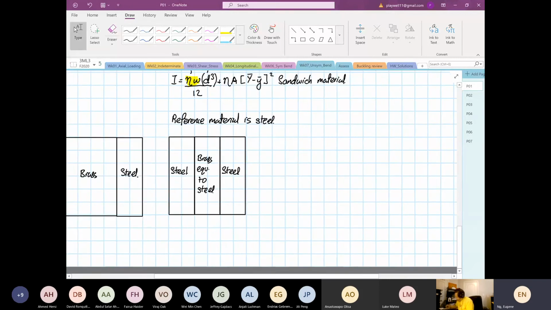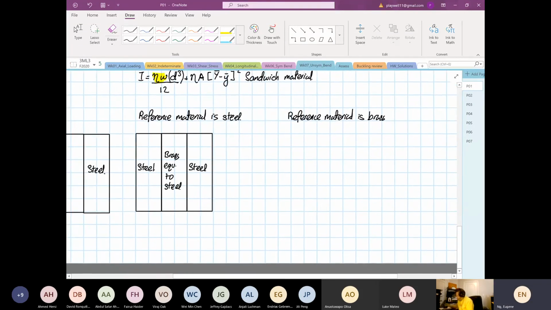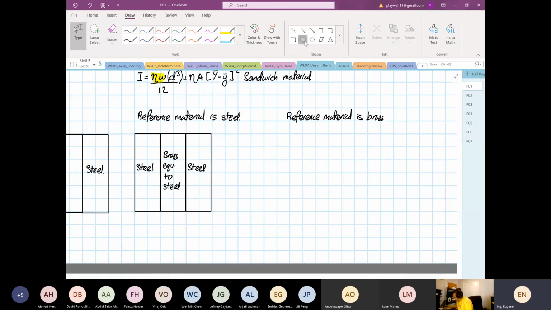Now, if the next reference material is brass, all will become brass, and the thickness will change.